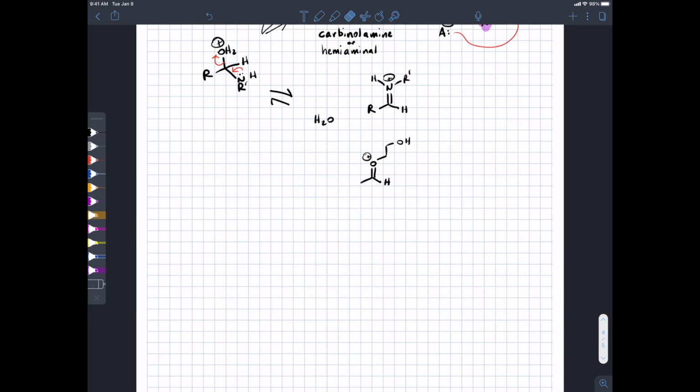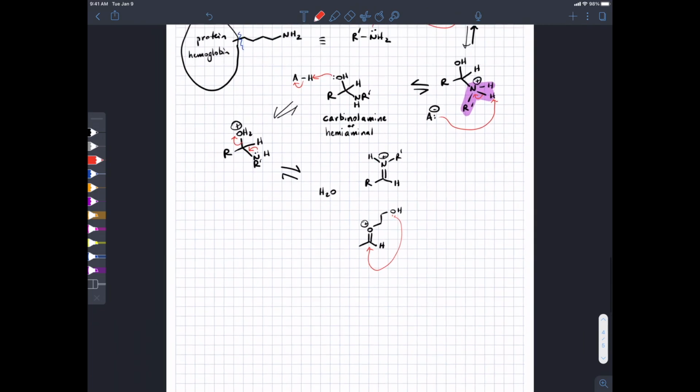Now in acetal formation, what we typically do is have another OH group attack here. The difference between acetal formation and what we're doing now is that we have an acidic proton on our ion intermediate. And removing that proton to restore the neutral compound is a lot quicker than another nucleophile attacking at the carbonyl carbon.